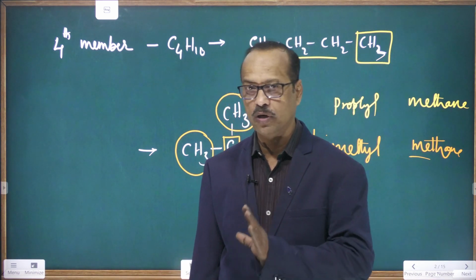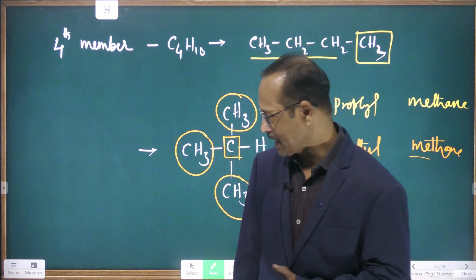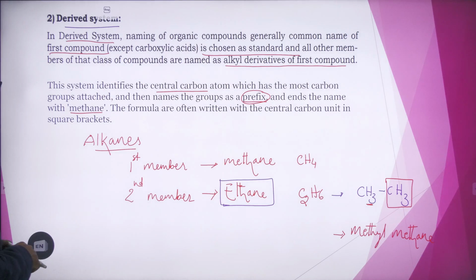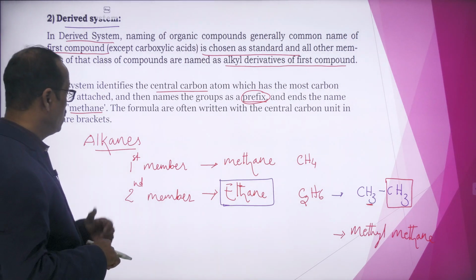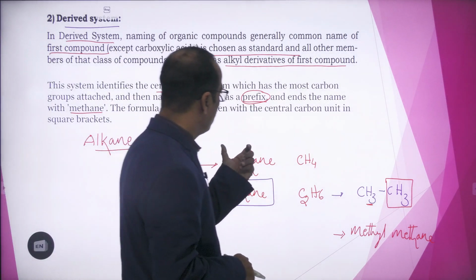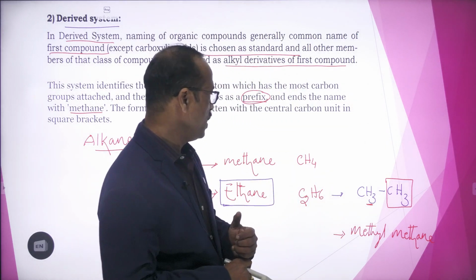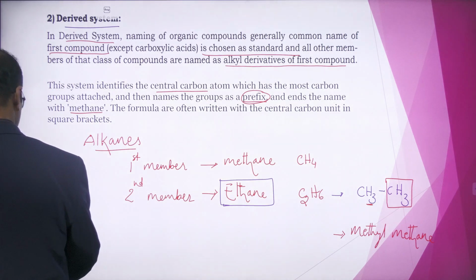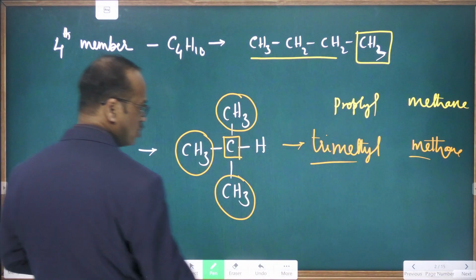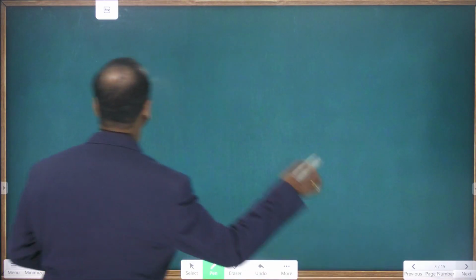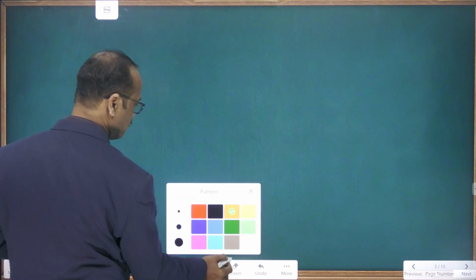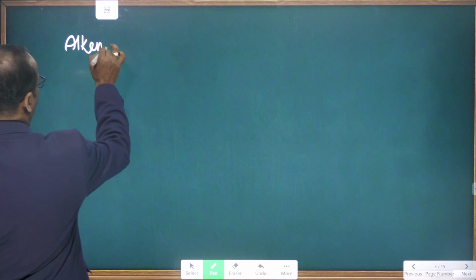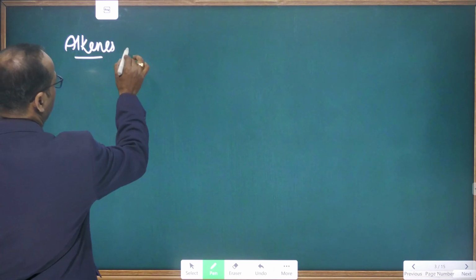based on the derived names. Okay, second type of names, derived names, right? Now you might have a doubt, sir: if it is an alkane, you are writing like methane. If it is an alkane, how is it? Okay, then we'll go to that also. So, if alkenes are there, how can we give the name?